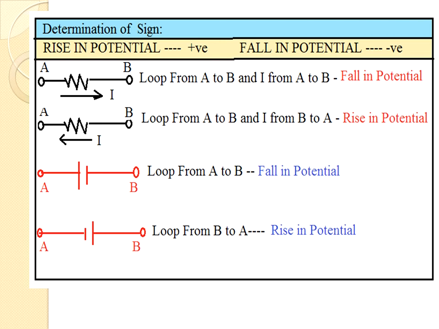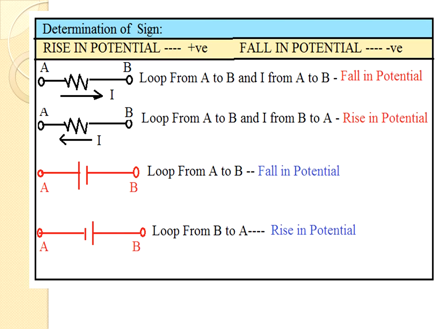First, the resistance condition. It depends on loop direction as well as current direction. If the loop is moving from A to B, and current also flows from A to B, then it is treated as a fall in potential. Figure number 1.